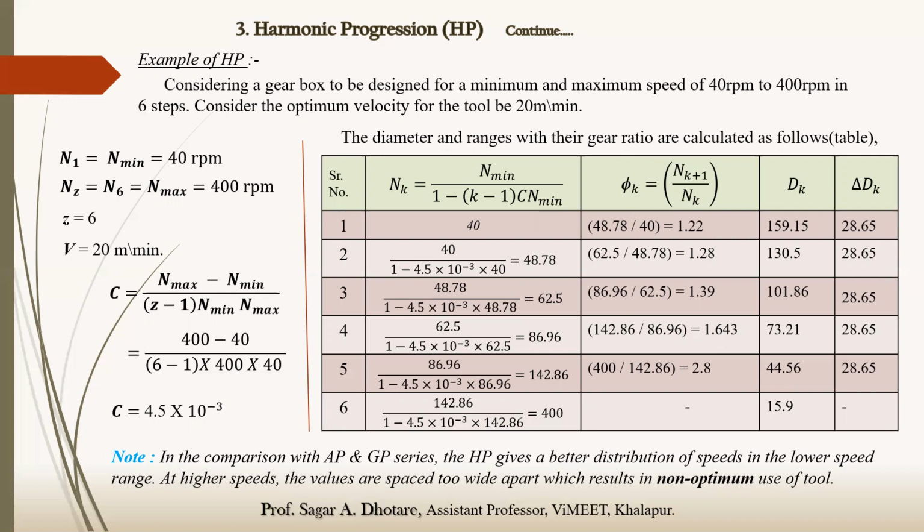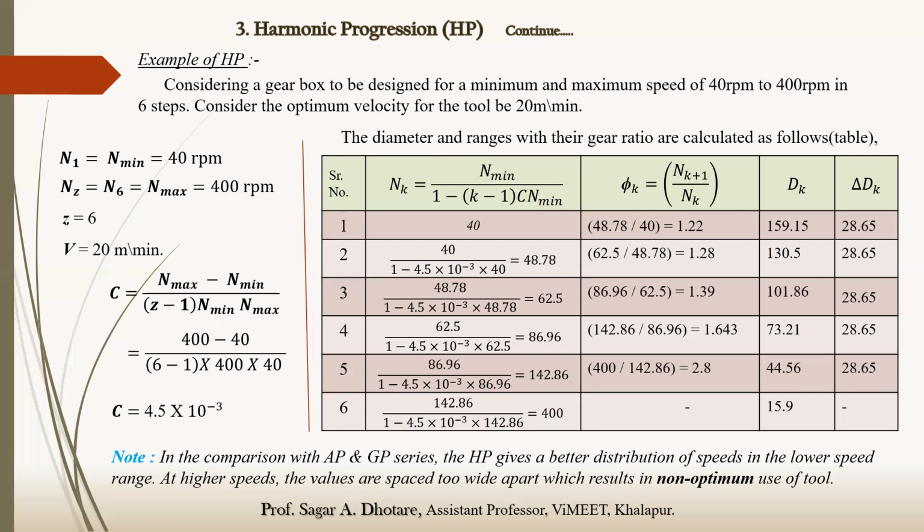40.78 divided by 40 is equal to 1.22. In a similar fashion, you can find out all the variations in transmission ratios, but one thing is we need to cap delta phi k, it should be a constant.